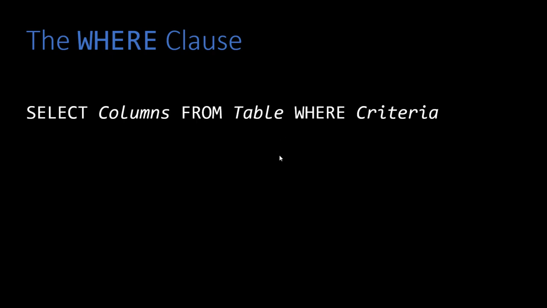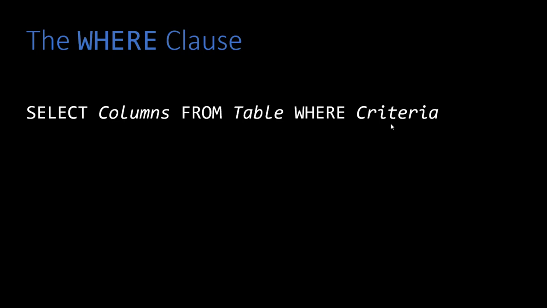Here we have the general format of a select statement that uses a where clause. It simply says select columns from table where criteria. So the where criteria is going to be sort of a filter that causes the select statement to only give you the rows that meet this criteria.